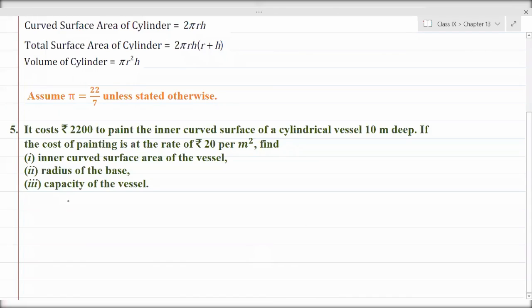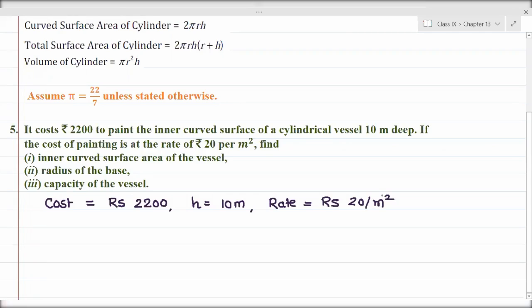So see, the values given to us: the total cost of painting is rupees 2,200, the height is 10 meter, and the rate of painting is rupees 20 per meter square.